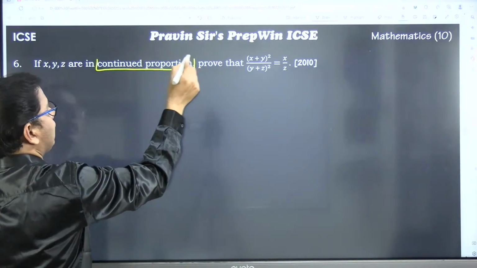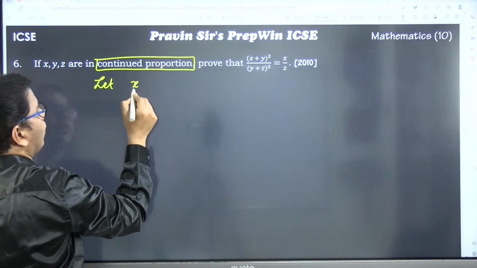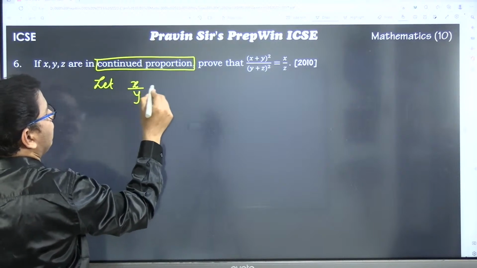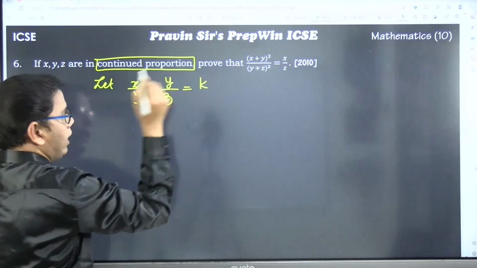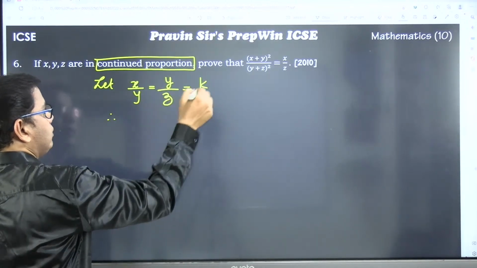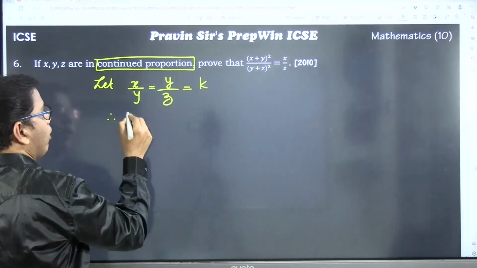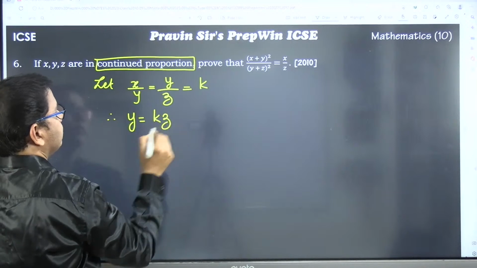Now this sum is related to continued proportion. So I will write let X upon Y is equal to Y upon Z is equal to K. So if I take Y by Z is equal to K, my Y is equal to K into Z.